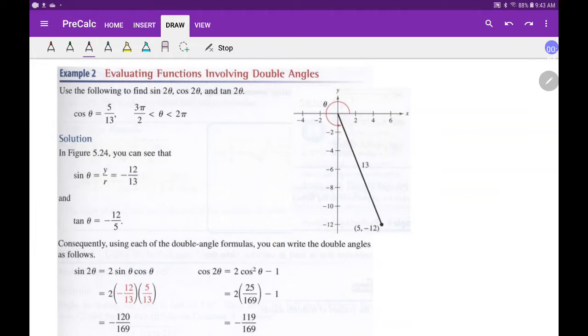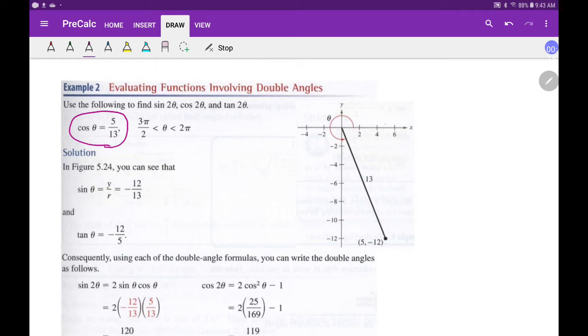We're going to talk about how helpful it is to have the double angle formulas, or identities. First thing, when we're given cosine of theta is 5 over 13, is to draw the point out here and then construct a triangle based on that, because we're implying that there's a side here, 12, and this side is 5, and the hypotenuse is 13.